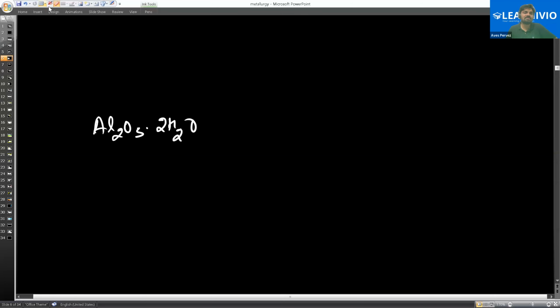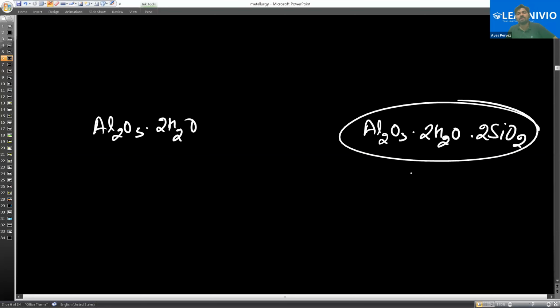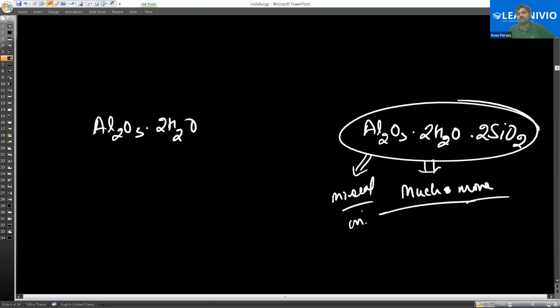But if you extract it from Al2O3·2H2O·2SiO2, it will be much costlier, or it is not convenient. So this is a mineral only, but not an ore.